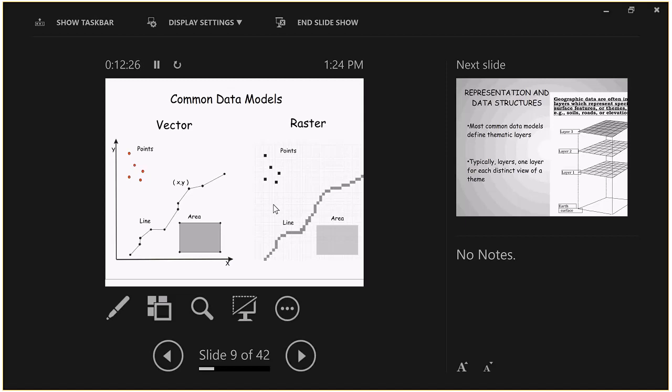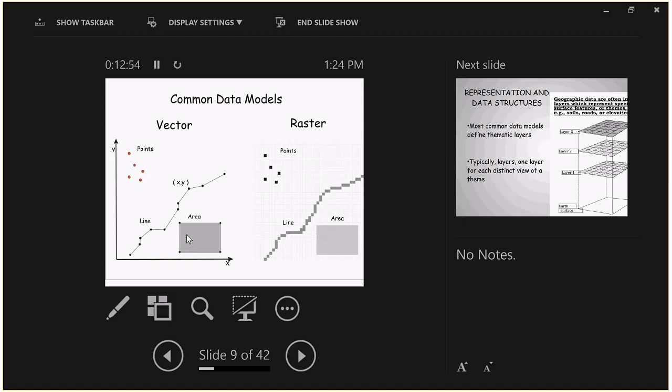So that's the vector data model: points, lines, and areas. I used the cities example, but even something like a river, in lots of cases, we might think a river is a line, right? Well, at the right scale, something like the Mississippi River, some big river, is going to be an area.